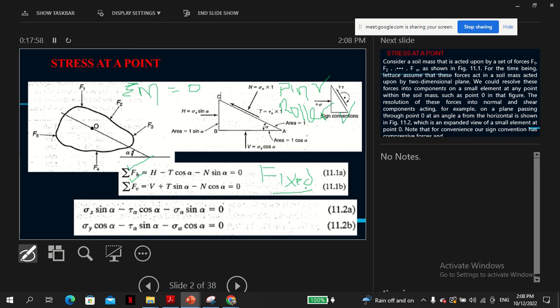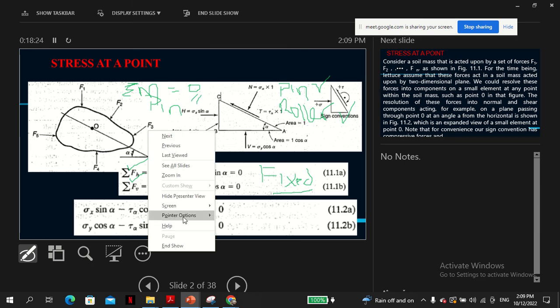Because of this kind of support conditions, you can make either moment 0, or some forces 0. So in the soil, because of the nature, the interaction of the soil, we assume soil is a pin. If soil is a pin, that means moment is 0, and that's why you see the equation for moment is missing.